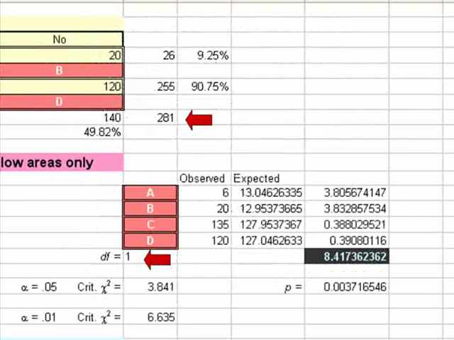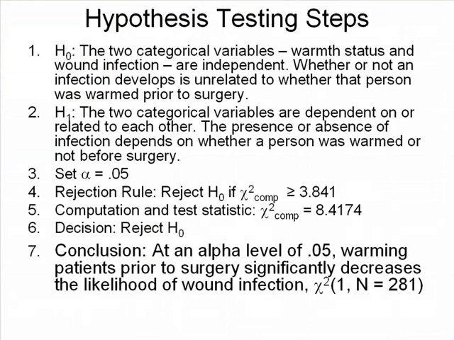So let's come back and look at this. We had degrees of freedom were 1. See the red arrow pointing to DF equals 1. And then above that we have another red arrow, and it's pointing to 281. That's the total number of subjects that were in the study. So here we have chi-square, parenthesis 1, which is our degrees of freedom, comma, n equals 281.